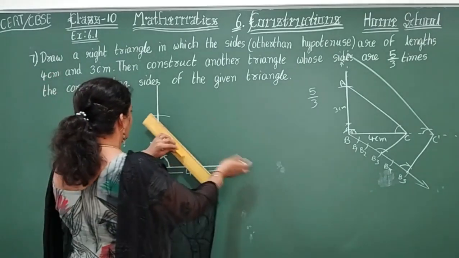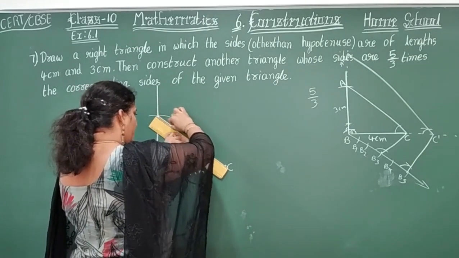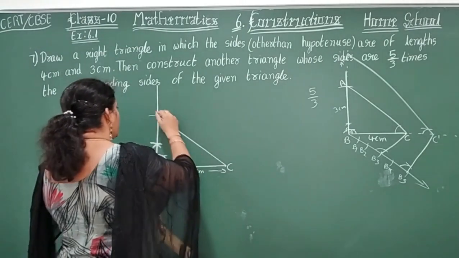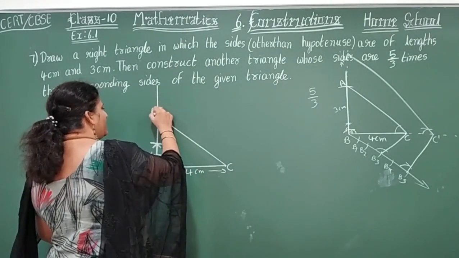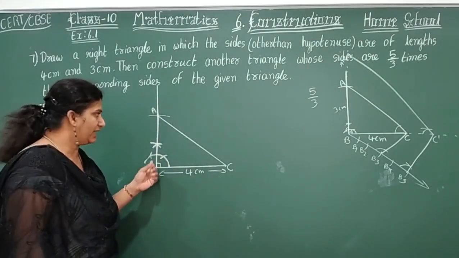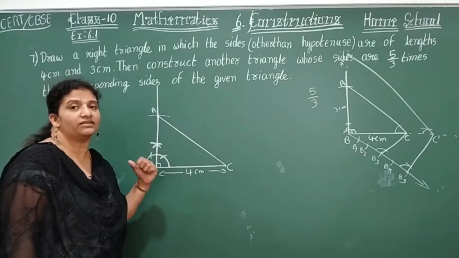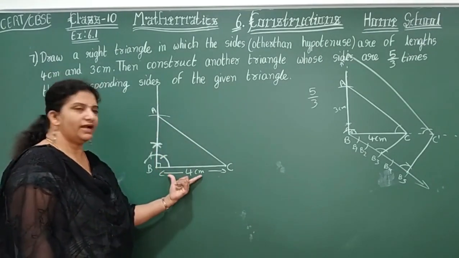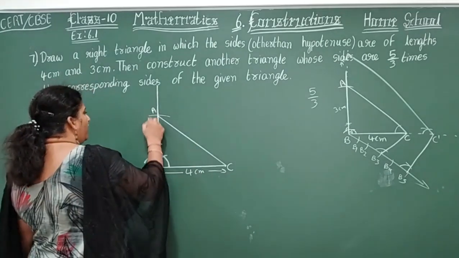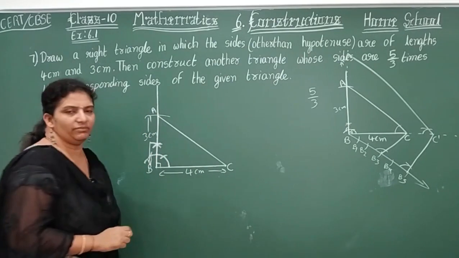Now, from here to here, join. Join AC. Now look here, observe here, children. This is perpendicular, 90 degrees. AC is the hypotenuse. They gave 2 sides length which are other than the hypotenuse. That is BC is equal to 4 and AB is equal to 3 centimeters.